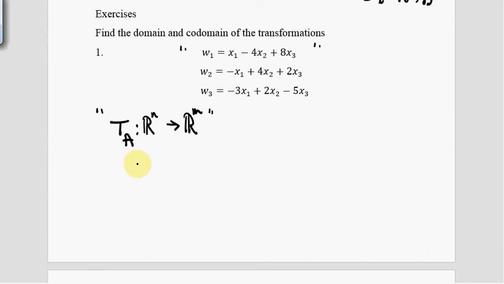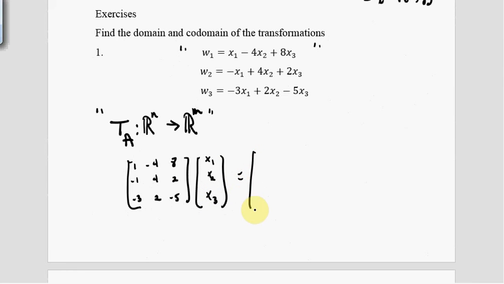All right. So here's what this says. This says that I have a matrix that I'm multiplying. Multiplying what? Whatever given vector that I'm given. With the result, let's check this out.